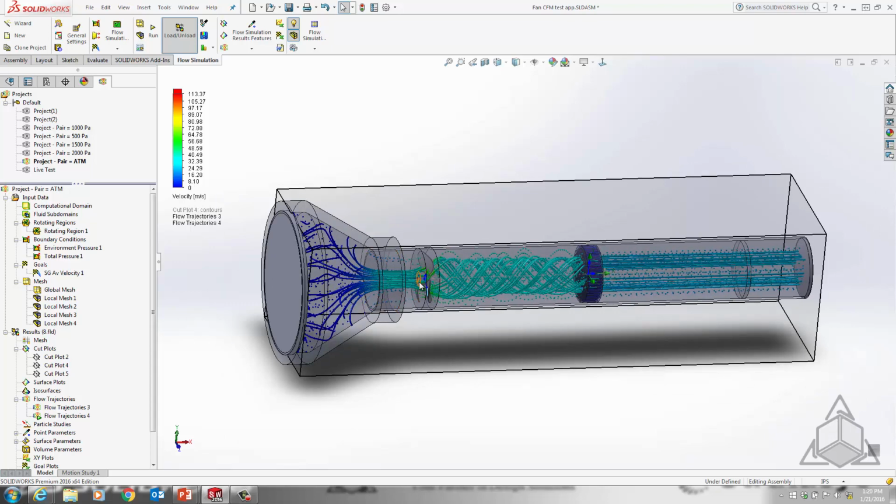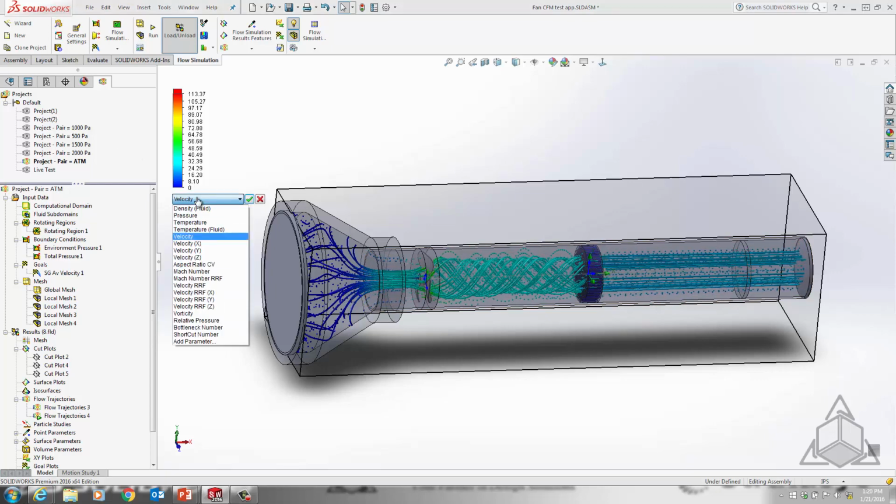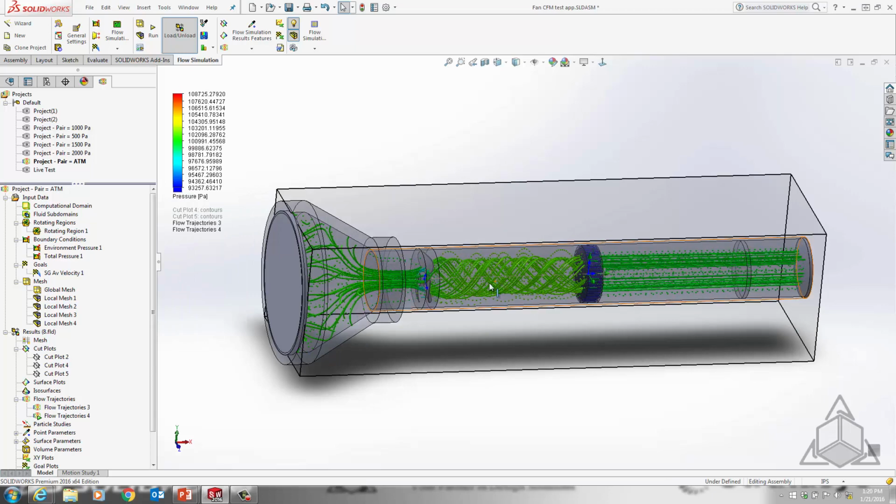So the speed or the velocity of this air that's moving here is its real velocity value. So this can be changed into, say, pressure, but it will all still show you the same velocity.